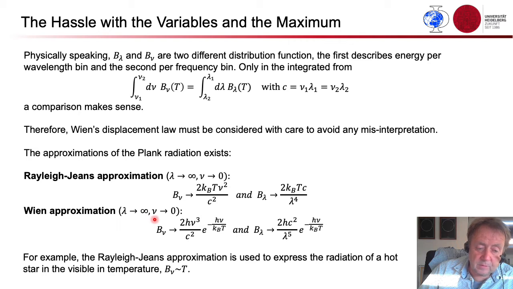Wavelength should be short, frequency should be large, and what we see then is that the two Planck functions are simplified in the sense that we have here now 2 h frequency to the power 3 divided by the speed of light squared times our exponential, and in the wavelength notation very similar, 2 h c squared divided by lambda to the 5 and the exponential function. Alright.